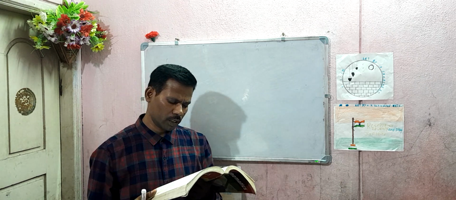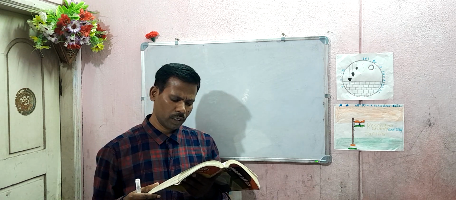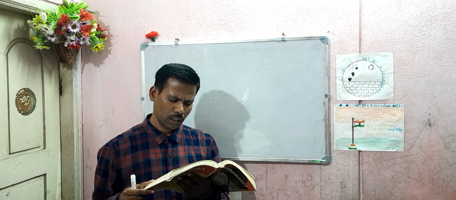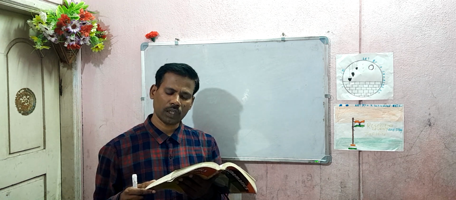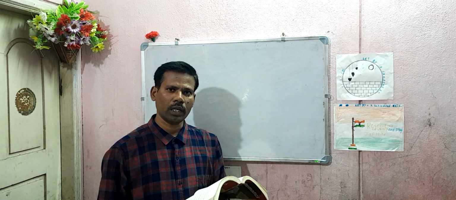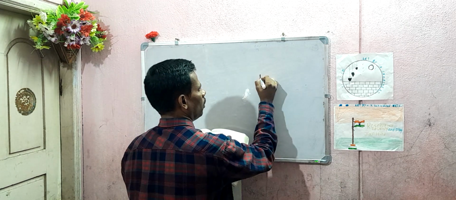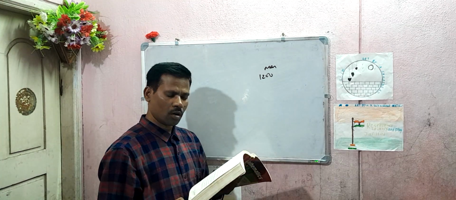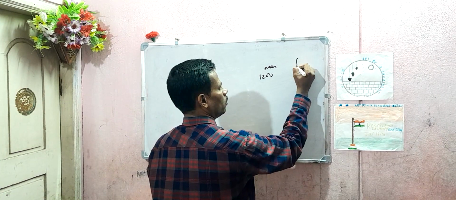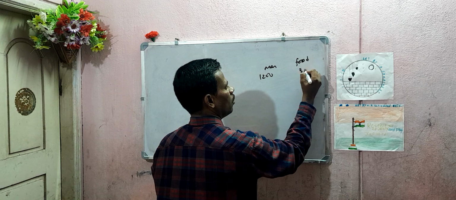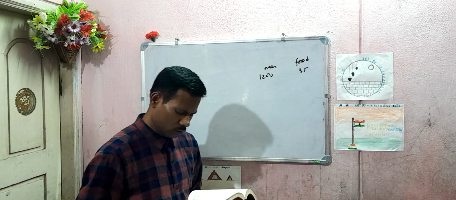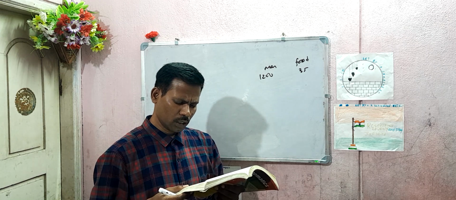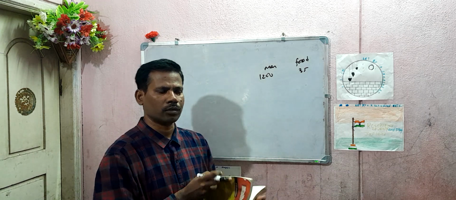Same model, same pattern. 1200 men can finish a stock of food in 35 days. Now, how many more men should join them so that the same may last for 25 days?